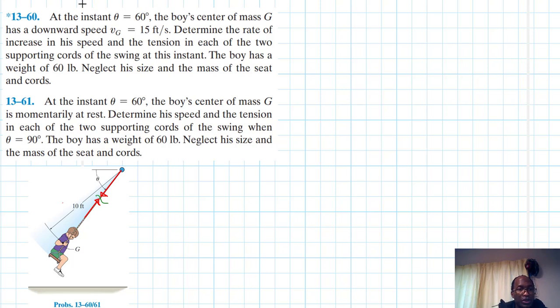We have the weight of this child, and the weight is always vertical. Let me use this color. The weight is always vertical. So there we go.